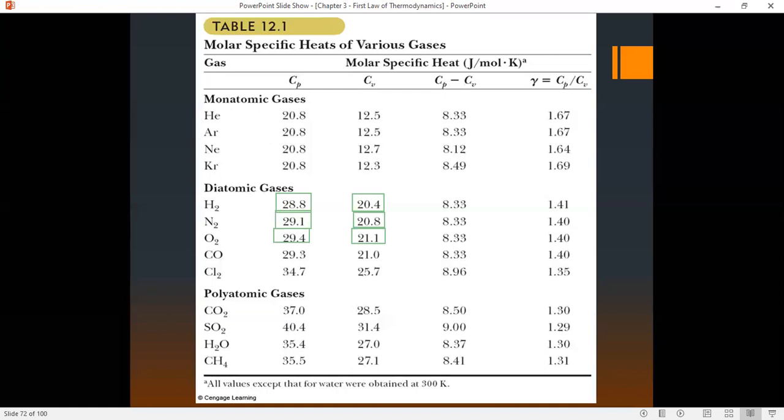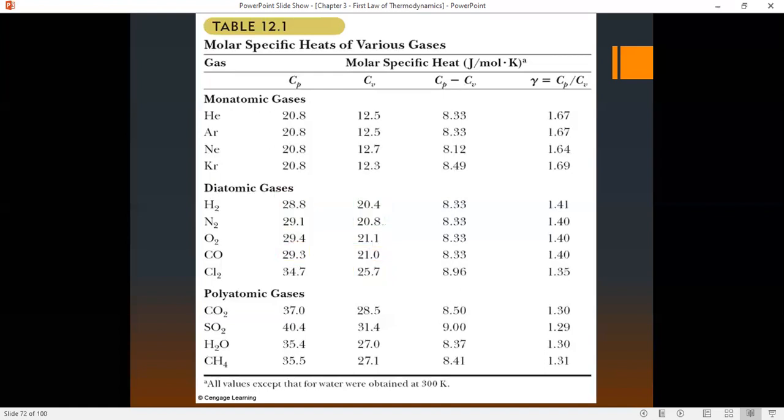Chlorine is not polar, but certainly carbon monoxide is polar. 29.3, 20, that's pretty good. I wish they used a diatomic gas that was polar. But here they use chlorine, which is much more massive. Okay. It deviates quite a bit from these other figures.